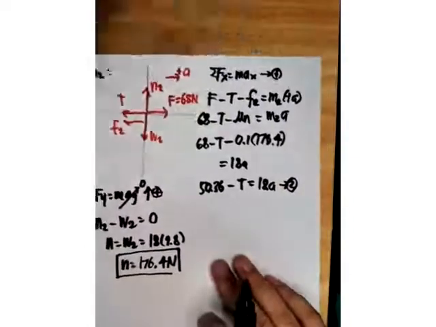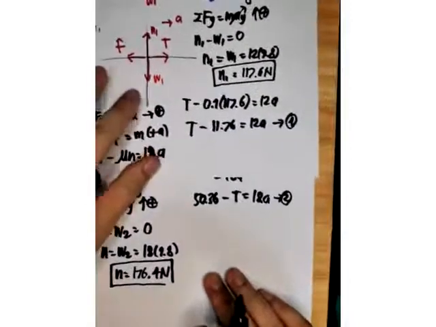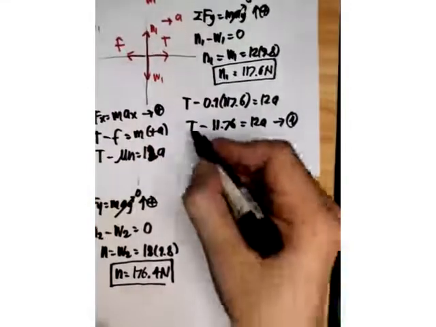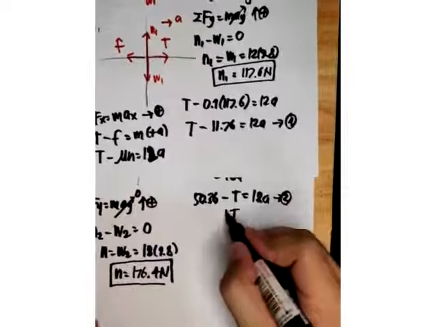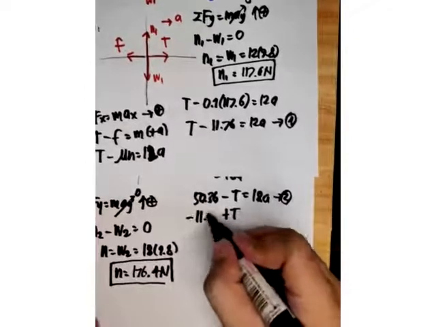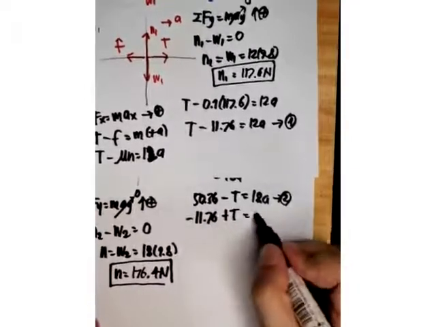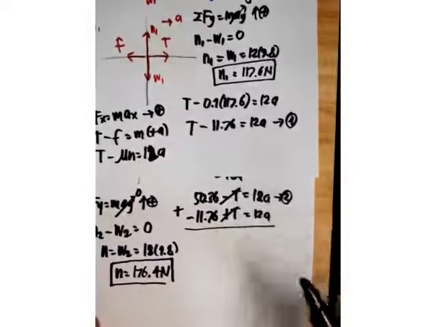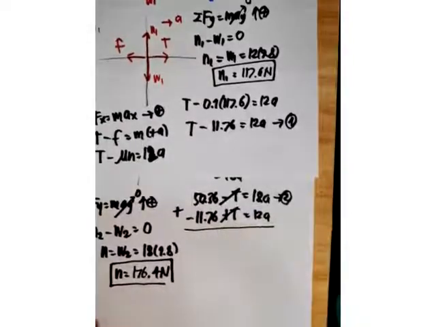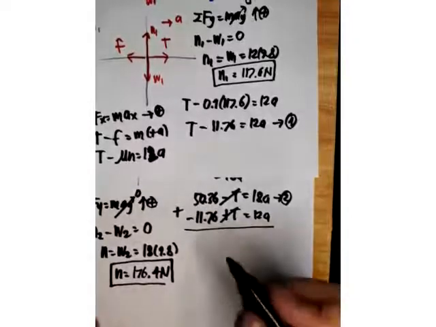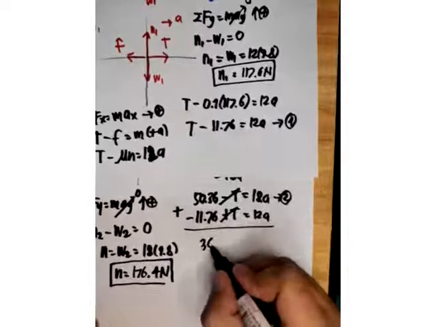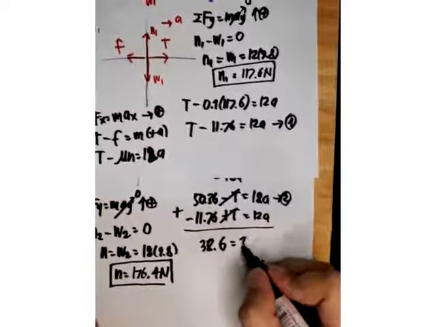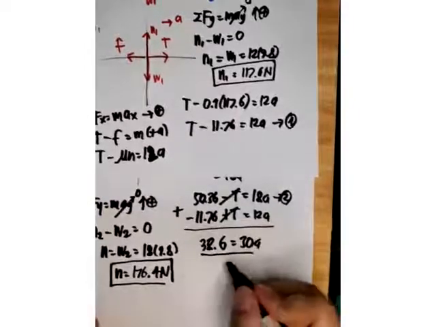Okay, now let's solve simultaneously equation 1 and equation 2. That's negative 11.76 plus T is equal to 12a. Let's just add to cancel this. So we'll have 38.6 is equal to 30a. So divide this by 30.